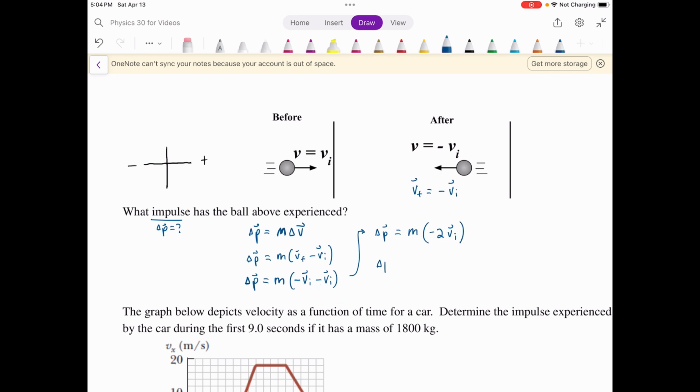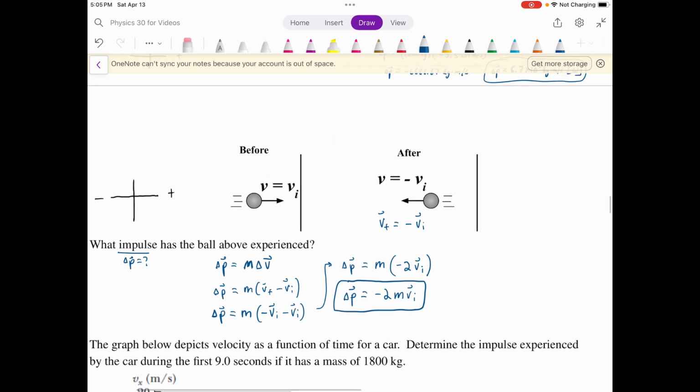And so the change in the ball's momentum, the impulse that it's experienced, just pulling out that negative 2, is going to be negative 2 m v initial, which you might notice is just its initial momentum. So the change that it's experienced is negative 2 mvi, right? Because the change in velocity was negative 2 vi.